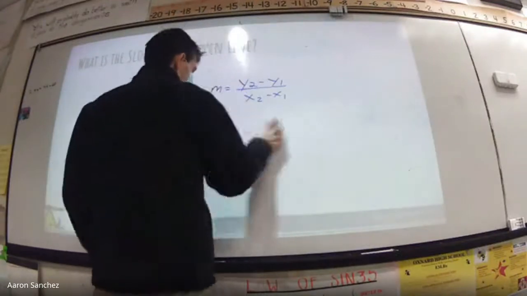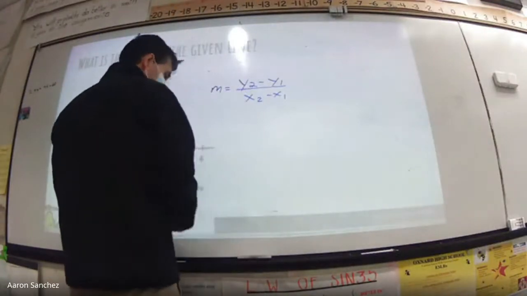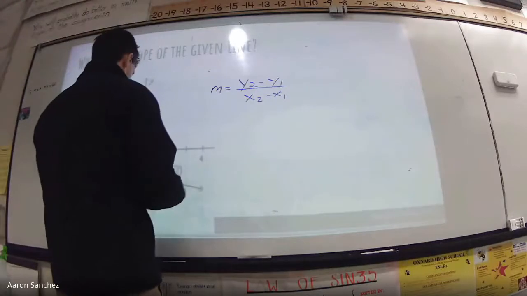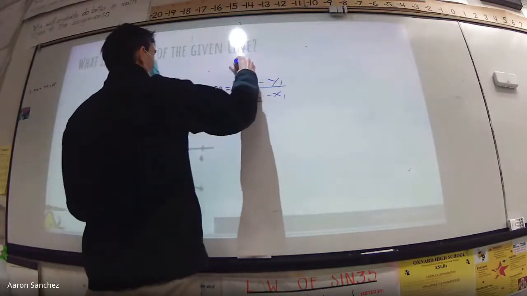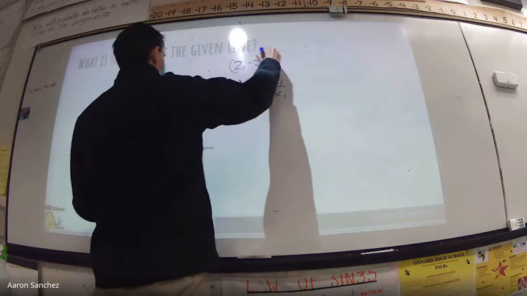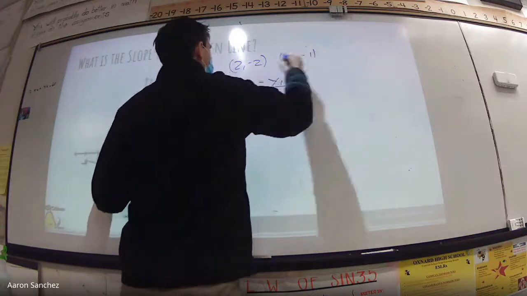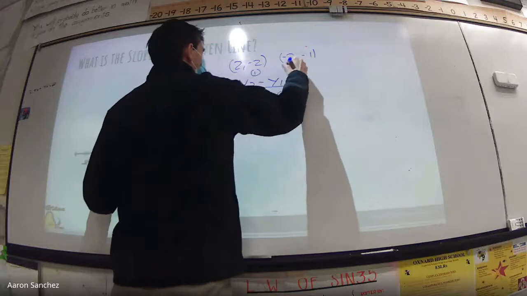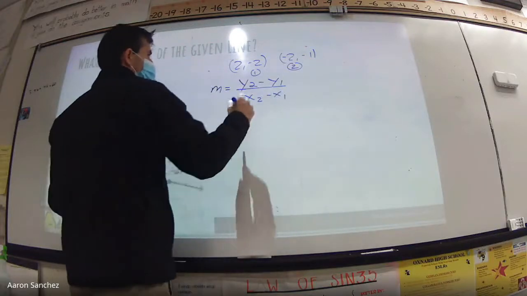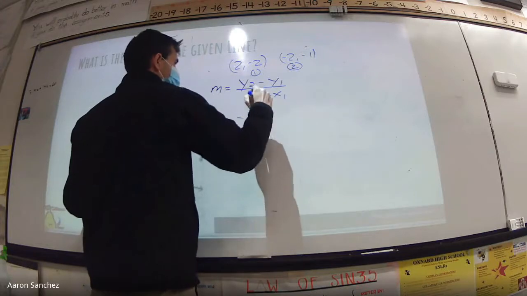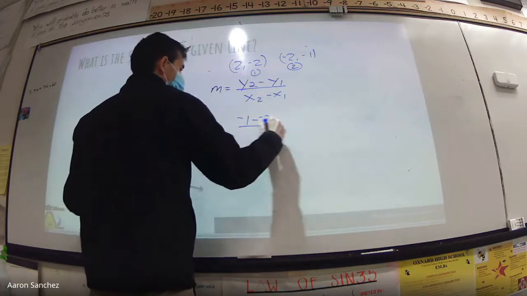So let's just make sure, Louise, we got our negatives and positives right here. But let's say 2 minus 2, and then -2, negative. It doesn't matter which one you call point 1 and point 2. You'll still get the same answer. So I say -1 is my y1 minus -2 is my y2.